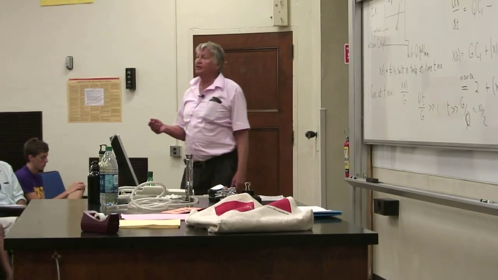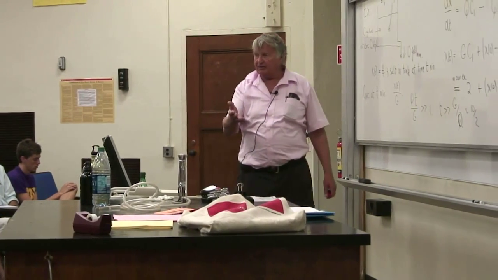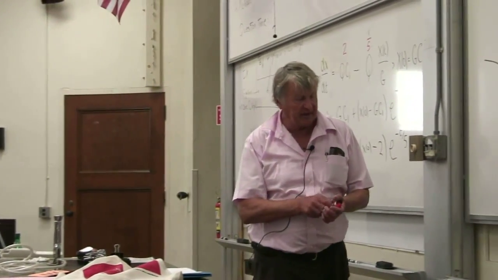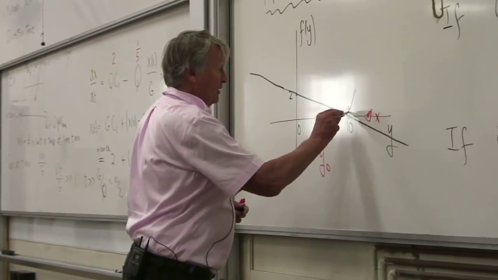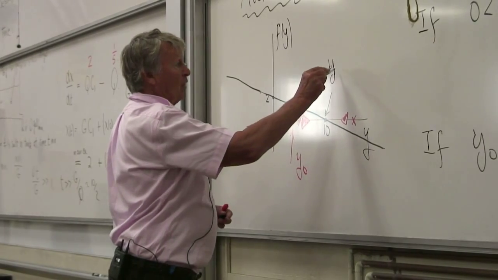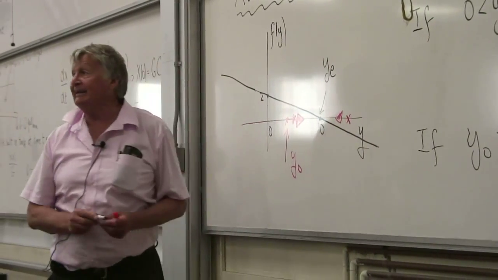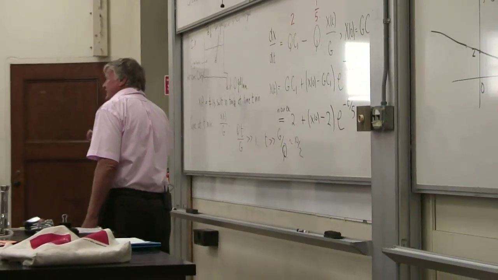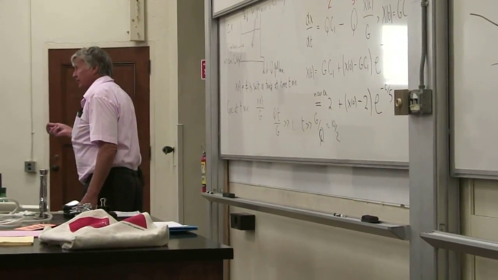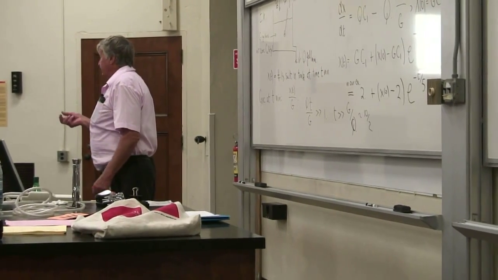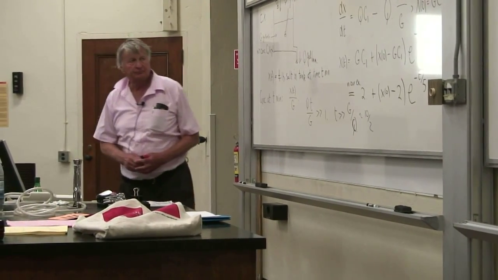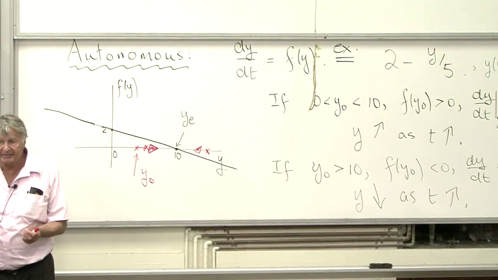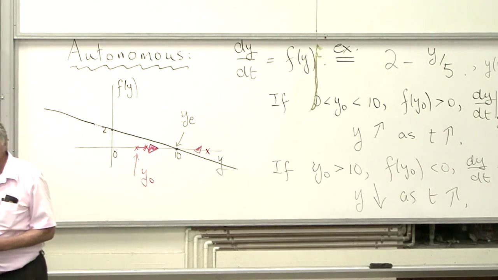Now, it doesn't tell you how quickly it gets to the new point, but it tells you the following. It tells you that this point, we'll call it y subscript e, because we'll use e for equilibrium, the equilibrium solution, is 10. Once I'm at 10, I stay at 10.